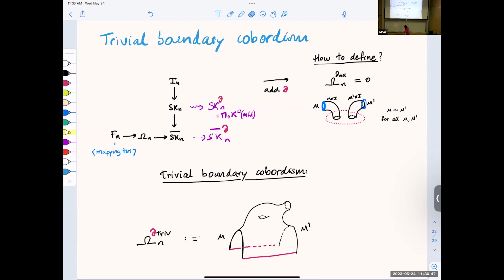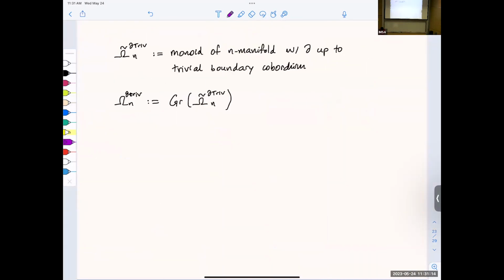We are constructing a cobordism between this manifold M, which has boundary, and another manifold M prime. And what you're allowing with this extra boundary that you create when you are constructing the cobordism is just the boundary of M cross I. So that additional boundary component is just a tube, it's just trivial. Okay, so that's what we called trivial boundary cobordism.